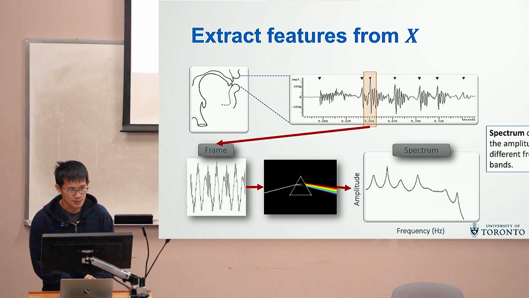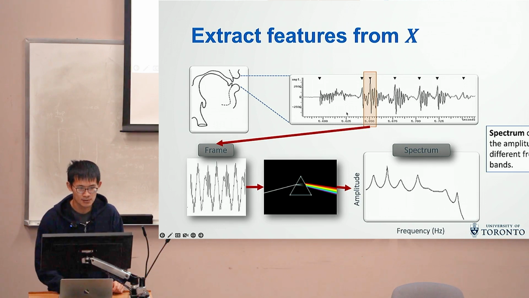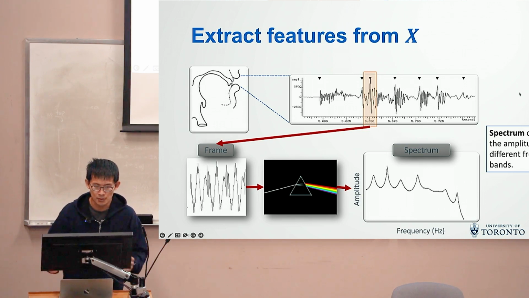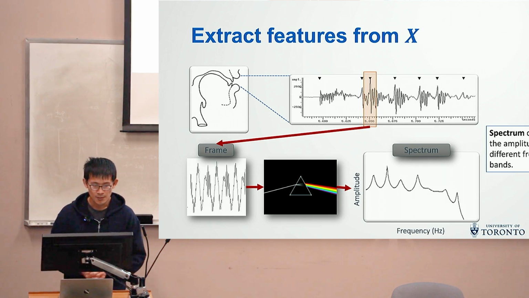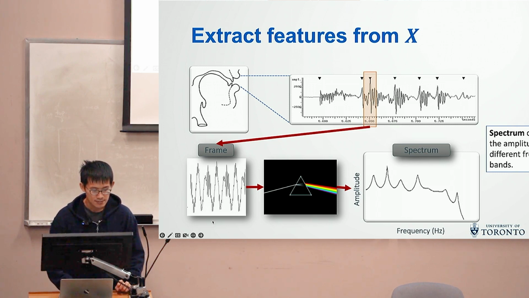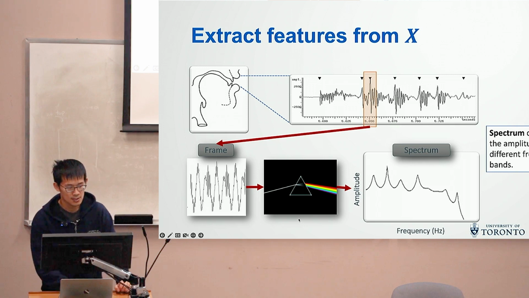As I have just mentioned, the time domain plot or the oscillation plot you see at the top of this slide is very noisy. There are a lot of different types of oscillations that are superimposed on each other. So it's very hard to analyze. And what people commonly do to extract some features is to first take a frame and compute the spectrum of the oscillation in this frame.